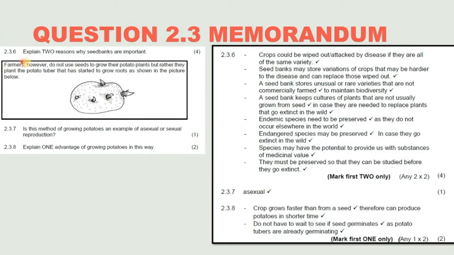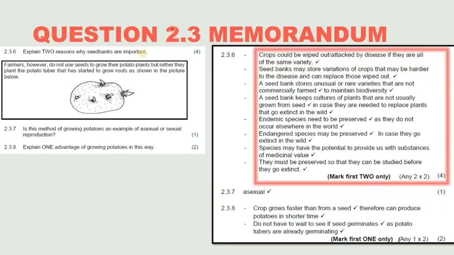So question 2.3.6 says, explain 2 reasons why seed banks are important. So you'll see that it's quite a hefty memo over here. So there's quite a variety. So firstly, if crops are wiped out by an attack from insects or by pesticides or because of a natural disaster, if they are all the same variety, we can have certain things set in place that will recover them from the situation.